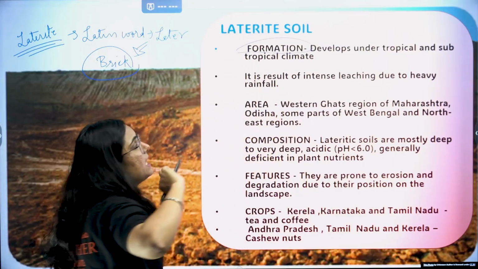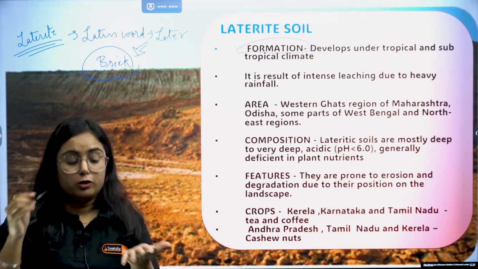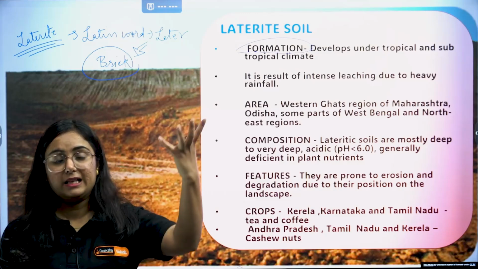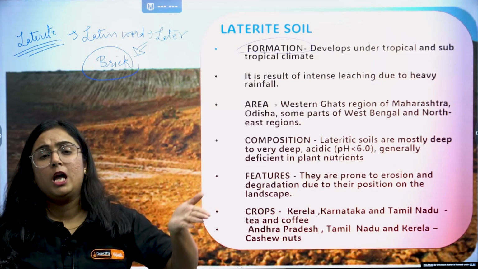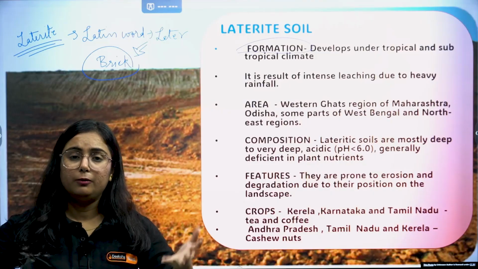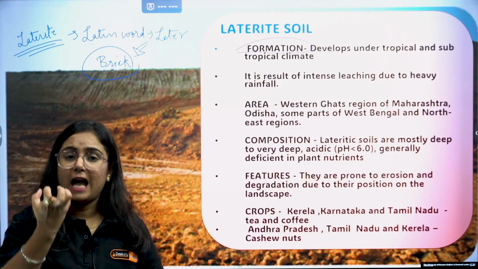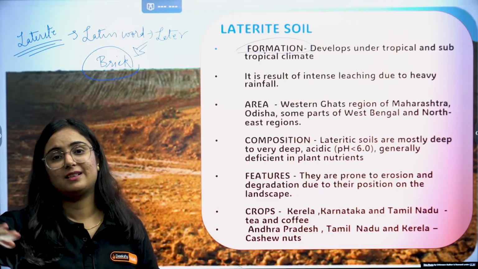formed in the areas of tropical and subtropical region. Now tropical and subtropical regions are the regions which are featured with high temperature, high humidity and high rainfall. Because of this high rainfall, whenever in an area there is so much rainfall, the capacity to hold the soil reduces and the top layer of the soil washes away.